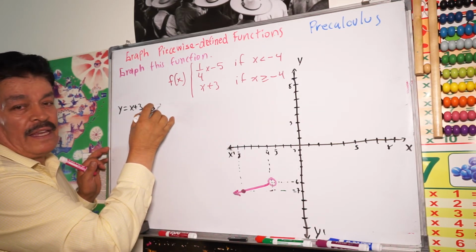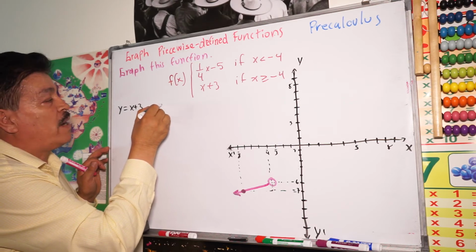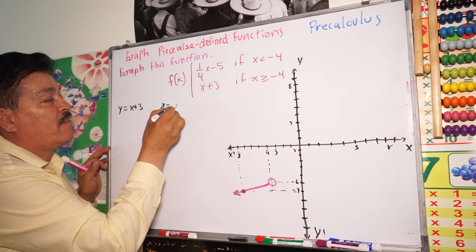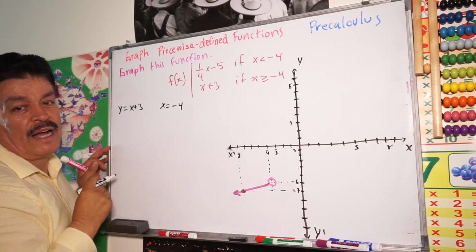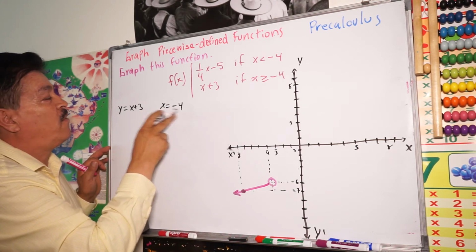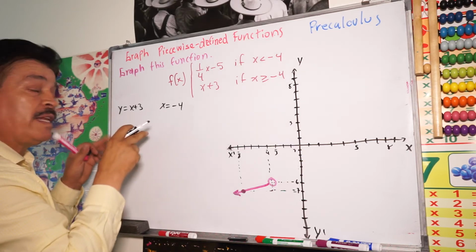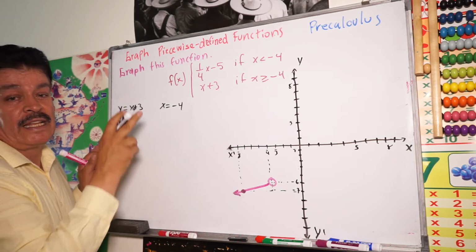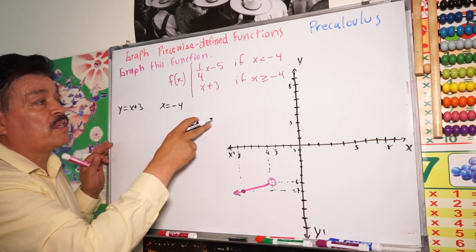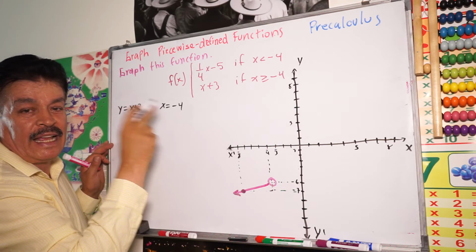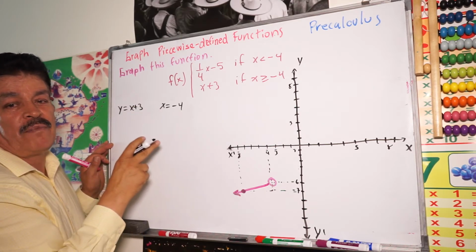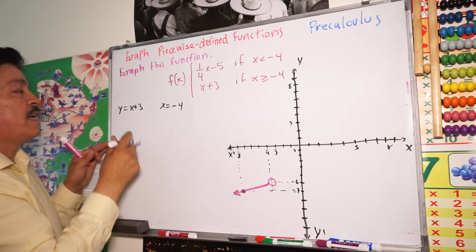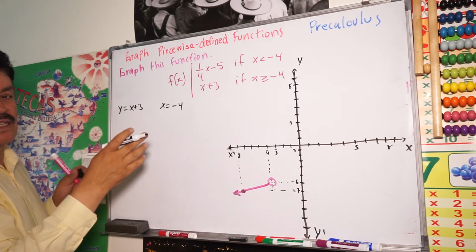So we are going to write this point here: x equals -4. To evaluate it, we have to evaluate the graph, and then you are going to find the left endpoint of this piece of the graph.